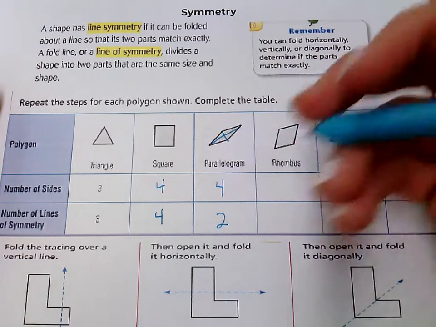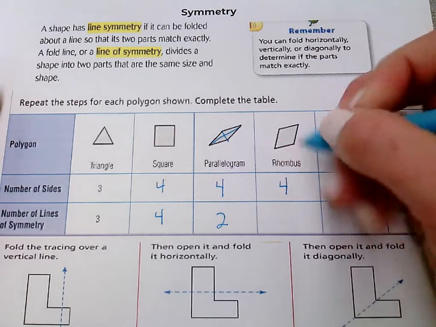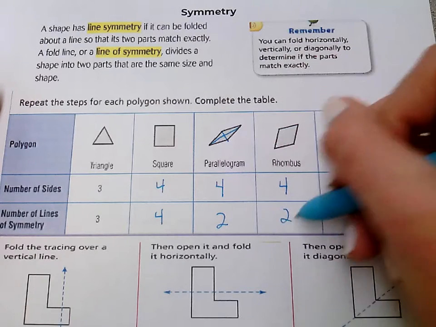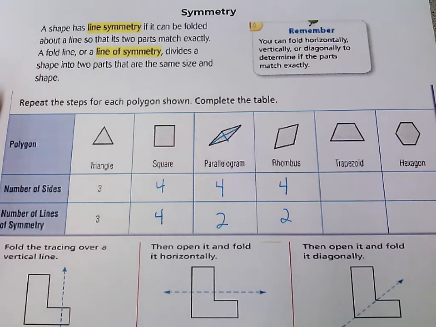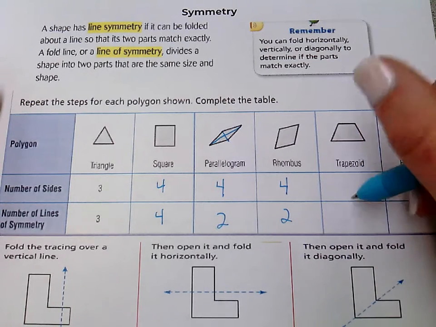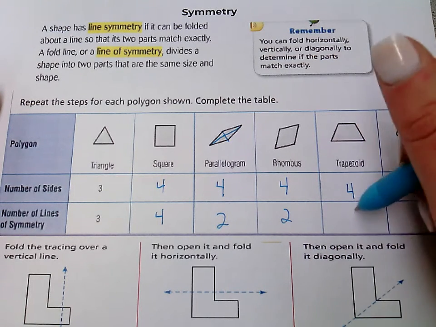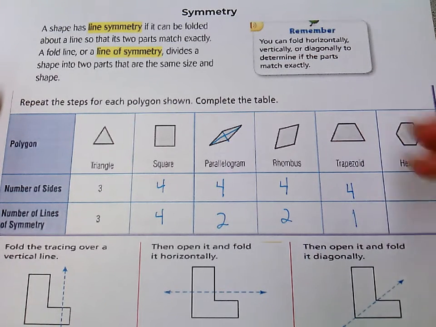A rhombus has 4 sides, and this is the same as a parallelogram. It's tilted, so it only has 2 ways that it can be folded in half to create symmetry. A trapezoid has 4 sides, but only has 1 line of symmetry because you can only split it down the middle. And then a hexagon has 6 sides, and this has 6 lines of symmetry.